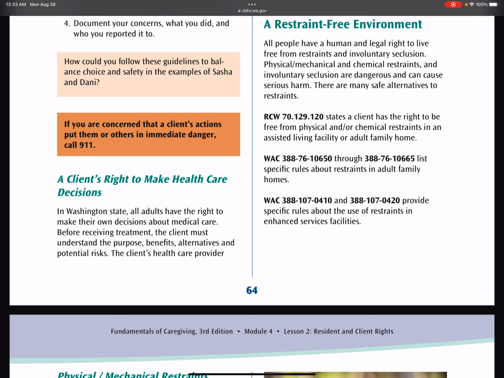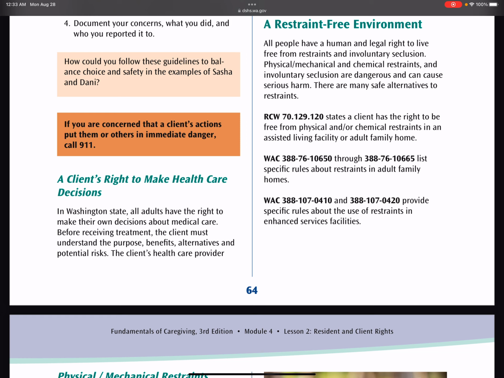The client's healthcare provider explains this. Then the client decides whether they want the treatment or not. This process is called informed consent. However, the client has the right to accept or choose not to receive any treatment, anytime.